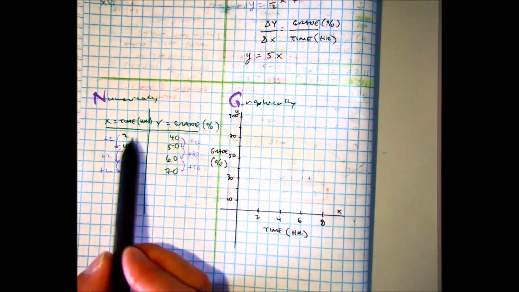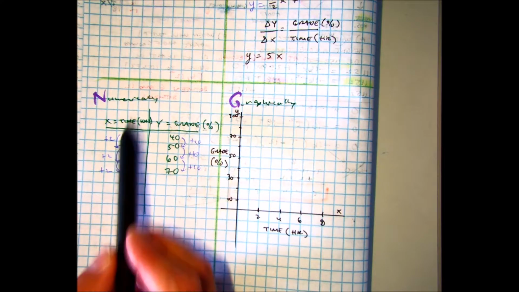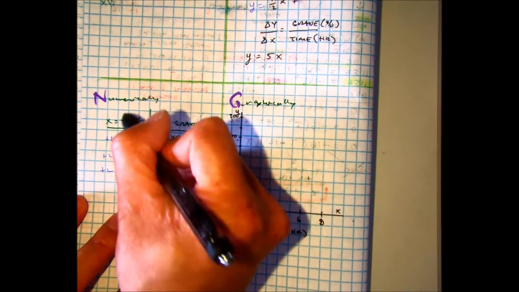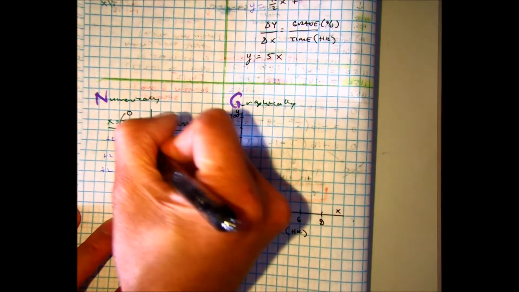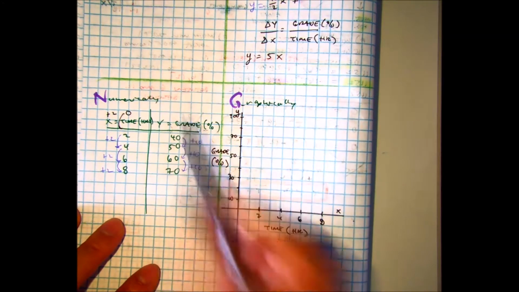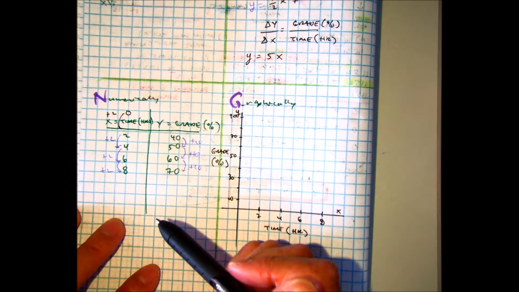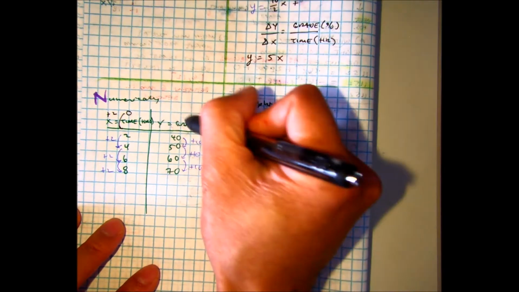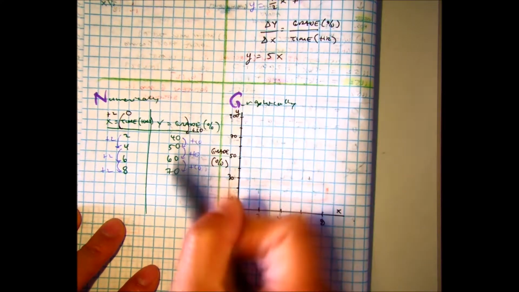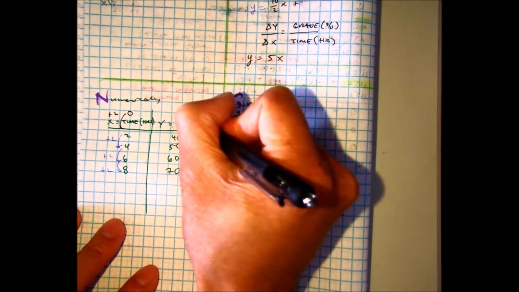Look at our table of values. We don't have times 0. What would it be, class? What would the grade be? So if you're going the other way, you're subtracting, right? So that would be 30.